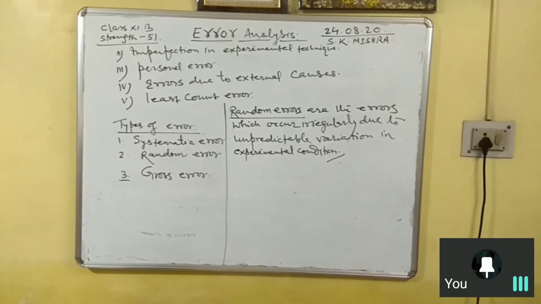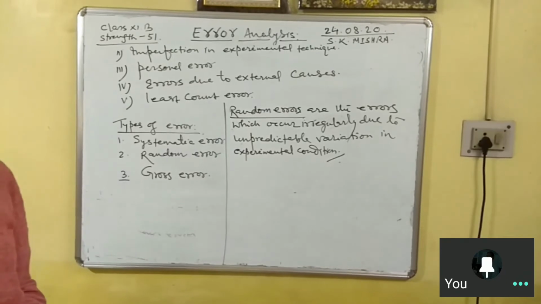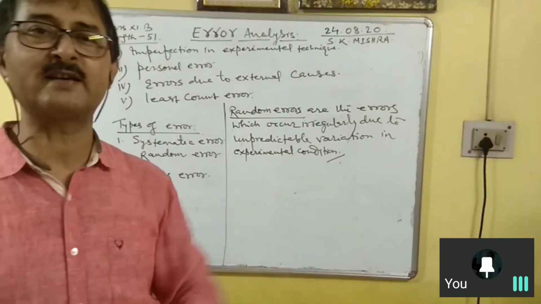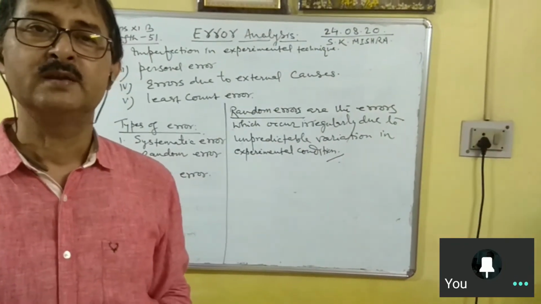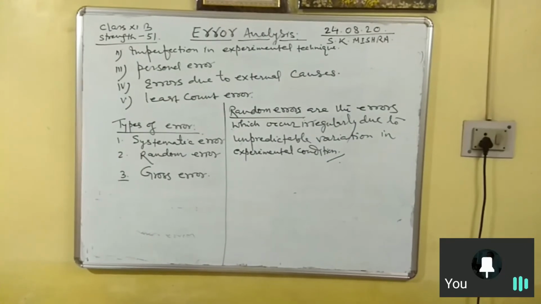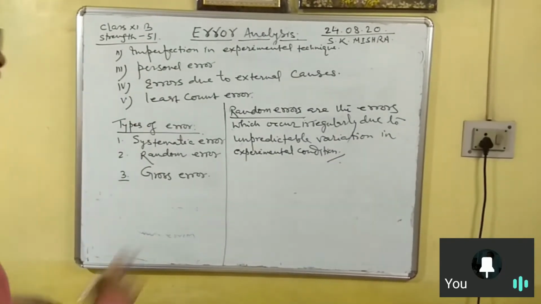Sometimes experimental conditions change unpredictably because of a sudden change in atmospheric temperature and pressure. Because of that change, the error comes into the picture, and that is called random error. This is enough to know about this.